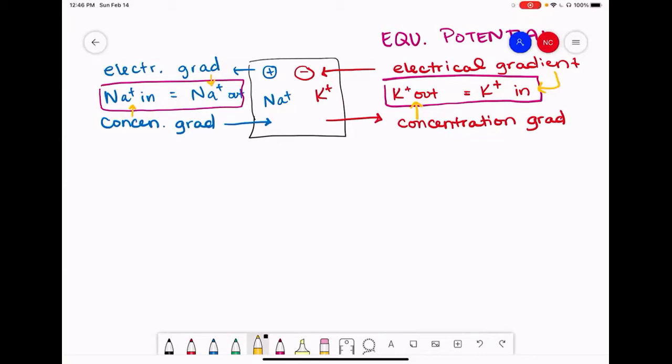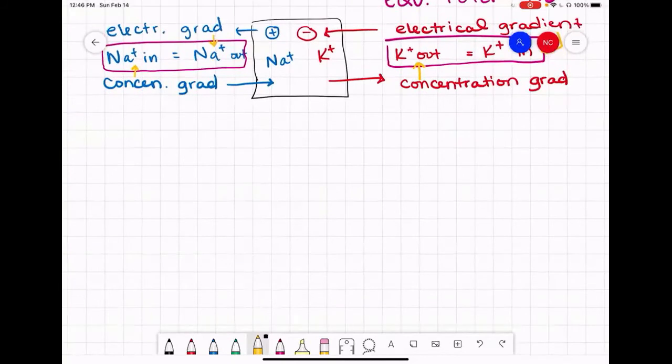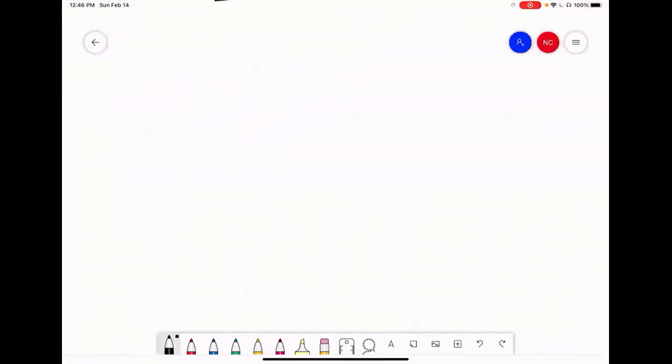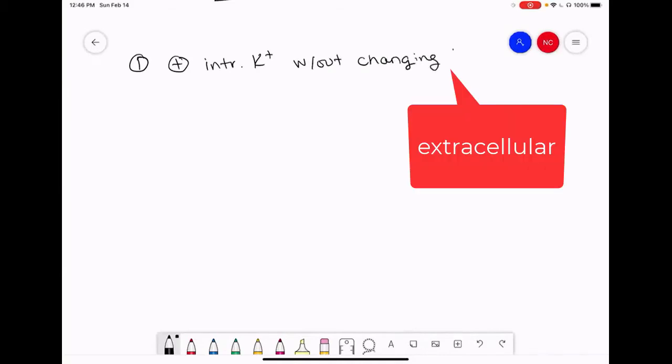Okay, so now let's look at some situations where we might be adjusting each of these ions. Situation number one: we're going to add intracellular potassium without changing our extracellular potassium. What might happen as a result of that?